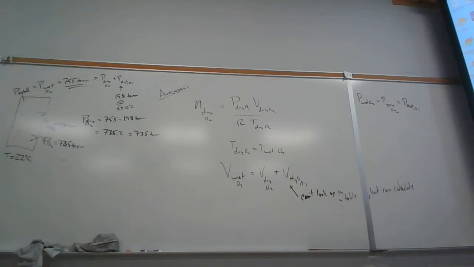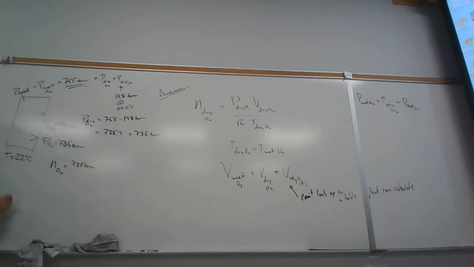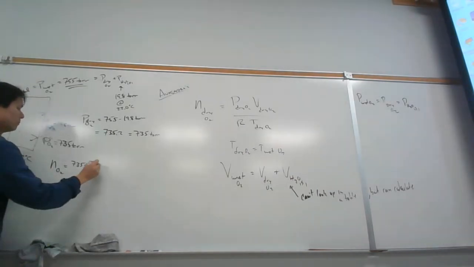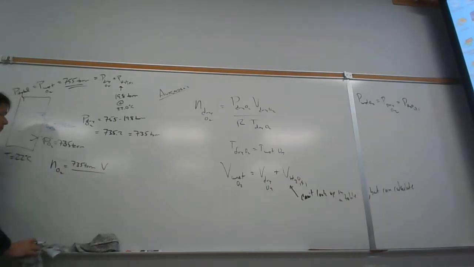All right, so if I want the number of moles of oxygen, it is going to equal the pressure of the oxygen, which is going to be 735 torr, times the volume of the oxygen. Actually, we don't know what the volume is here. Divided by RT.